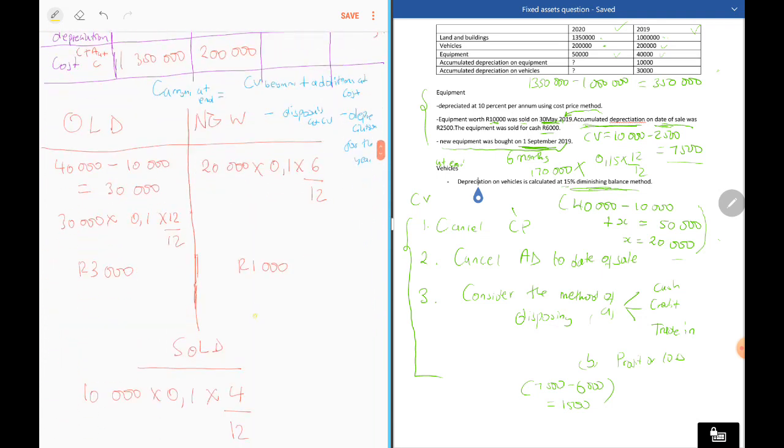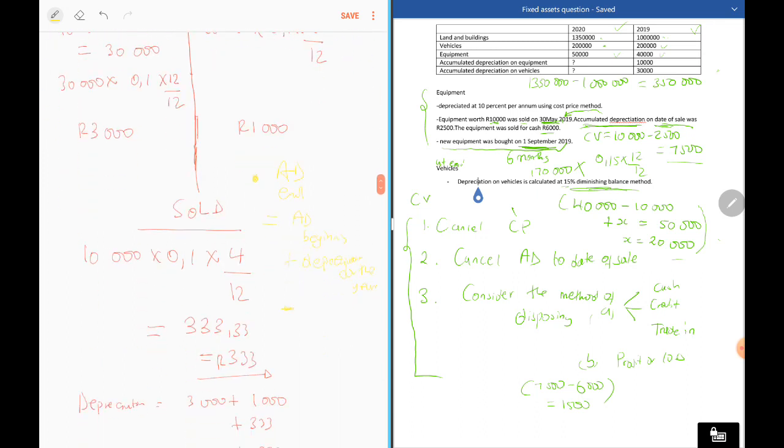Let me just write in yellow here. Accumulated depreciation at end is equals to accumulated depreciation at the beginning plus depreciation for the year.